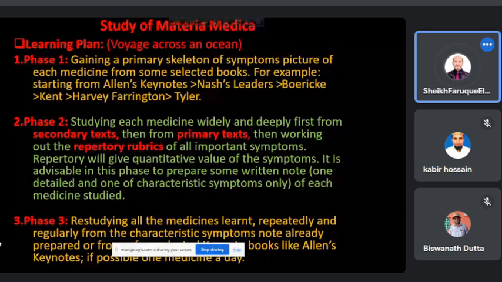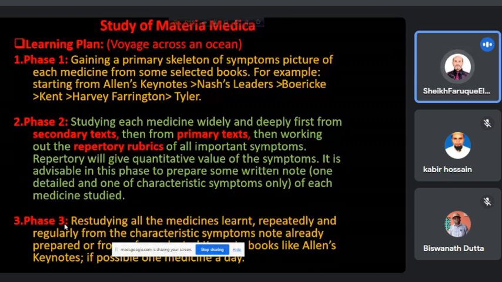Now, how to keep all this information in your mind? Our mind is not very good sometimes. We are forgetful. That's why they say, after all this, you go on restudying all the medicines every year. Dr. Khan used to tell me, keep your Allen's Keynotes with you and learn one medicine every day.